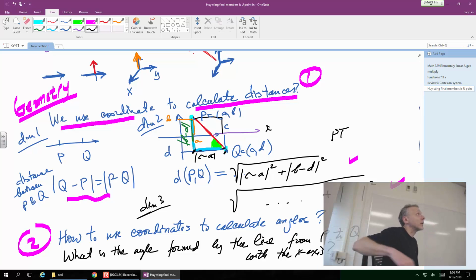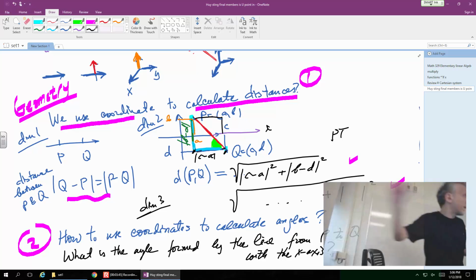Something happened to the projector. Fix the arrows. There should be arrows in there. Maybe not.